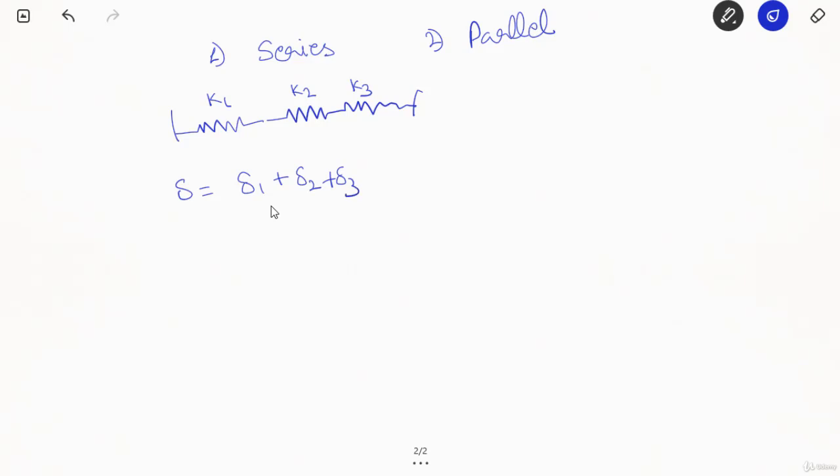Now, if we talk of equivalent stiffness, that means how we can replace these three springs with one spring having equivalent stiffness, then this K equivalent is given by 1 upon K1 plus 1 upon K2 plus 1 upon K3, right?